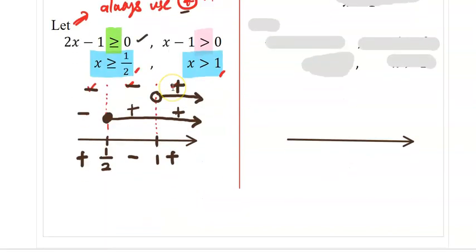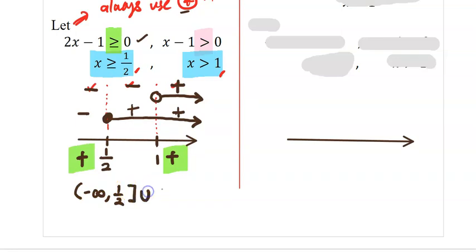So for the case of plus, the solution will be these two, and the corresponding interval, if I write in interval notation, is negative infinity to 1 over 2, close bracket, union 1 to infinity. Then this is the solution for case 1.